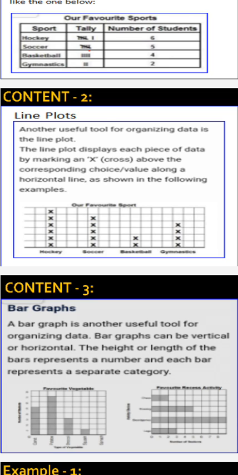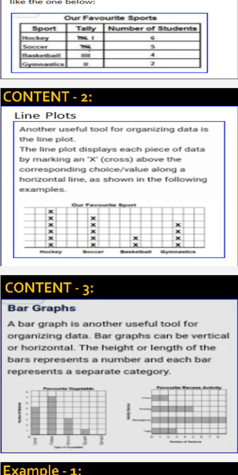You can see that table now. The sports are arranged horizontally, then as they come, you place the cross mark against each of their favorite sports. The crosses go vertically, but the sports are arranged horizontally. That's using the line plot in organizing your data.